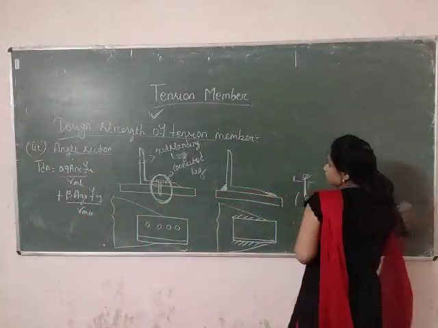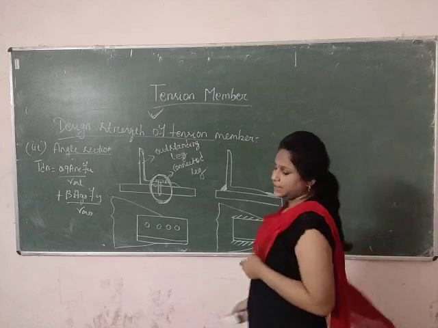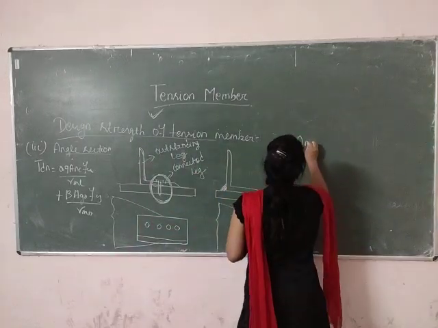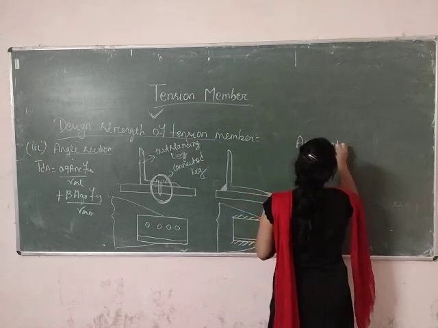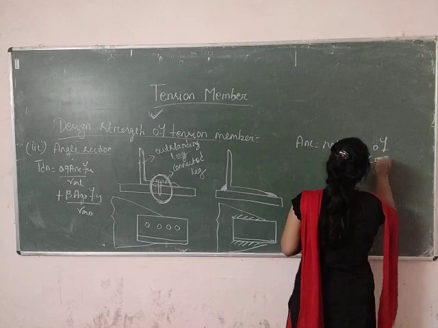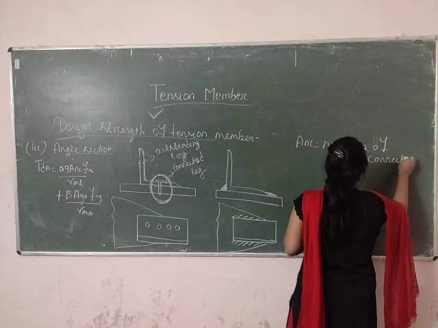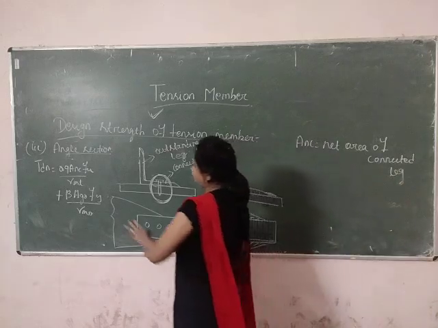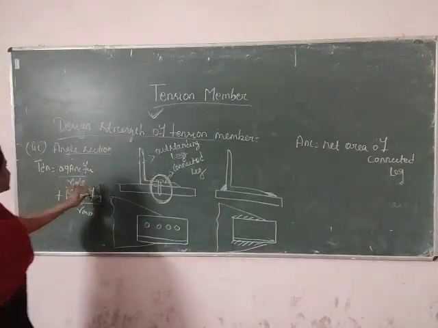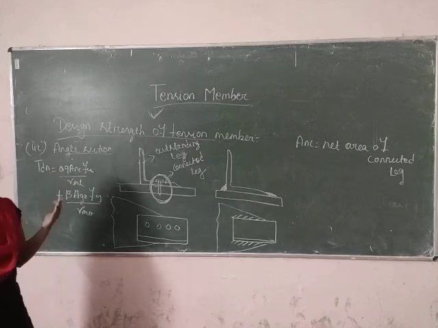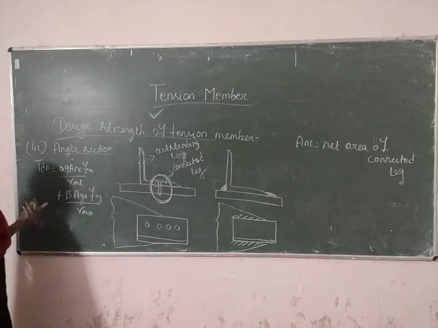So here Anc is the net area of connected leg, and Fu is the ultimate tensile stress of the metal. Gamma m1 is the partial factor of safety for failure at the ultimate stress, and that value is 1.25.